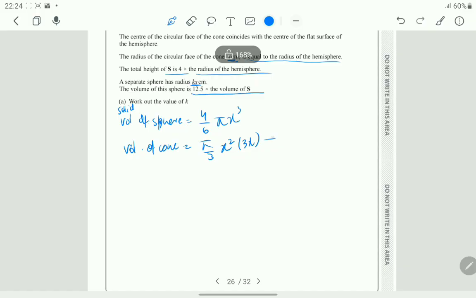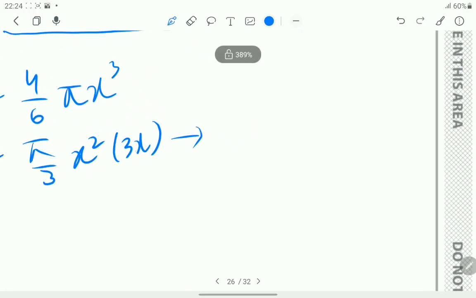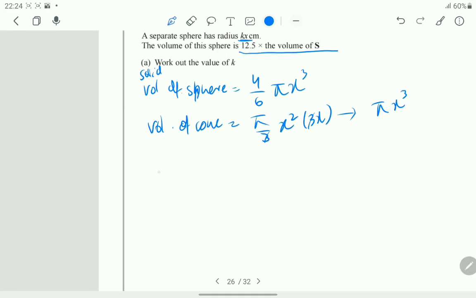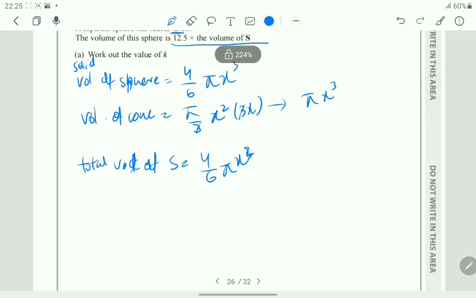And just to make it more clear, when the 3 cancels, it would be pi x cube, and so the volume of the solid S would be 4 by 6 pi x cube plus pi x cube.